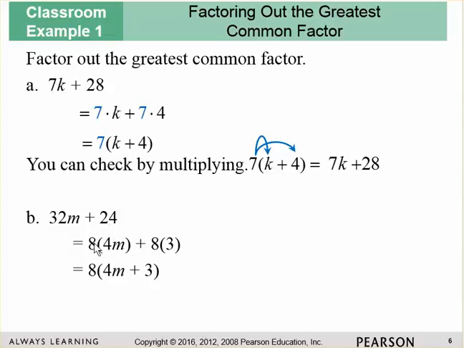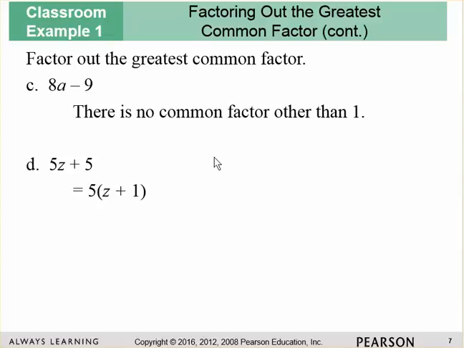So if I rewrite this as 8 times 4m plus 8 times 3, I can remove that 8, and what I'm going to have left is 4m plus 3. So recognize that what we've done here is we've taken the sum of two terms and changed it into a product and a sum. That's the factorization.